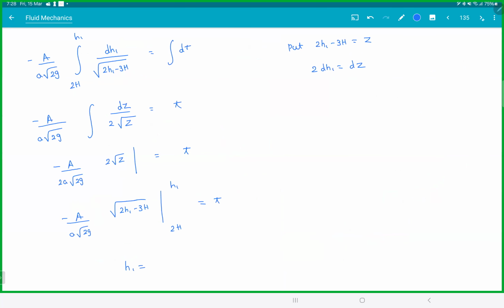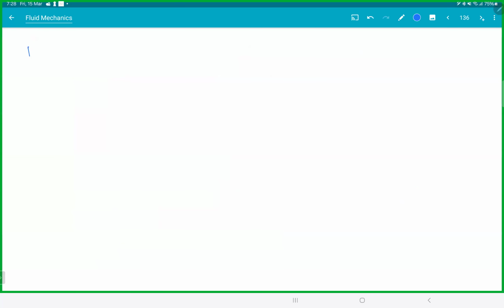Now, in the Bernoulli's equation, P plus rho g h plus half rho v square is constant. So if you consider 2 points at same height, then h will be constant.